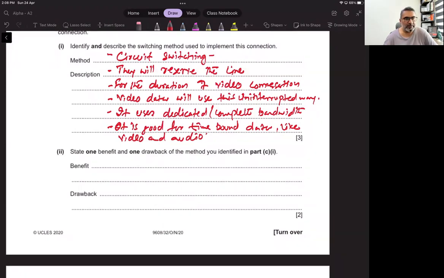3C2, state one benefit and one drawback of the method you identified in part C1.